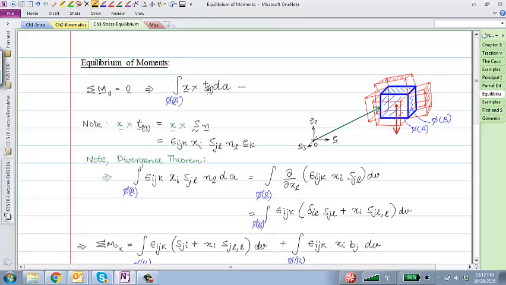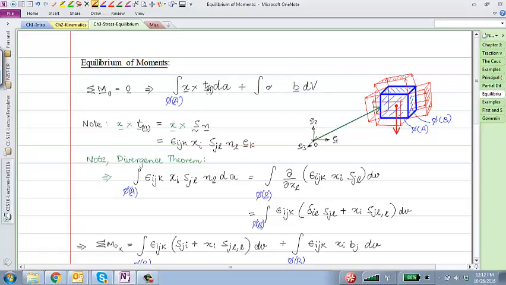And to that, I need to add the body forces. So B times dV, that's the infinitesimal force. B is the body force density, so multiplying with dV gives me an infinitesimal force. And I need to take the moment of that force.